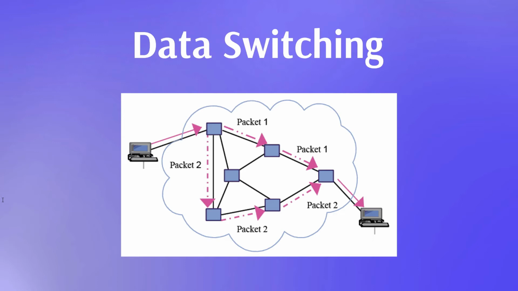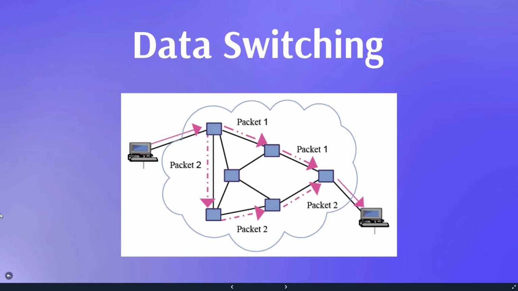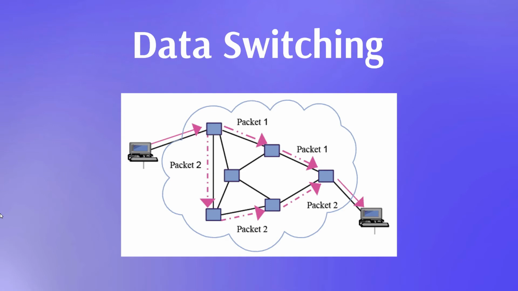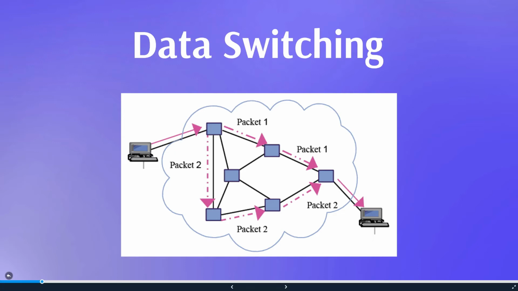In certain types, it can take different paths. The same data can take multiple paths. In others, it can only take the one path. And this affects the speed, efficiency, and consistency of the data transmission. The three main types are circuit and packet, and the sort of in-between type, which is message switching.